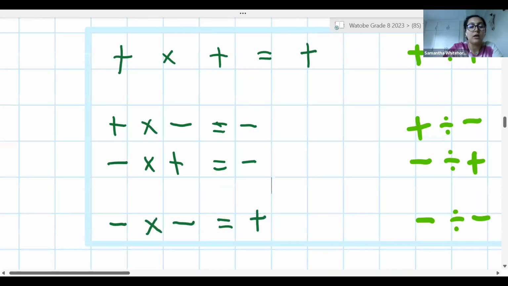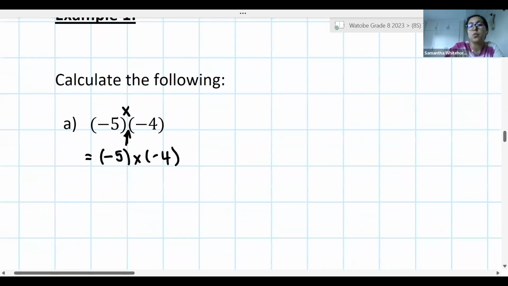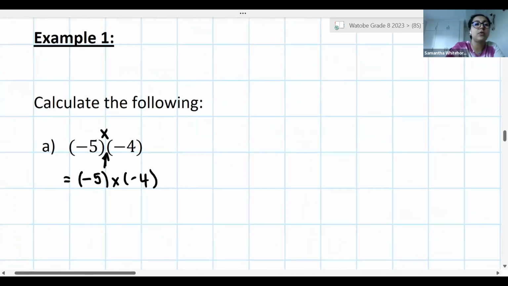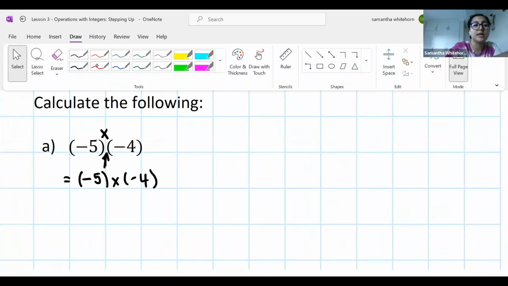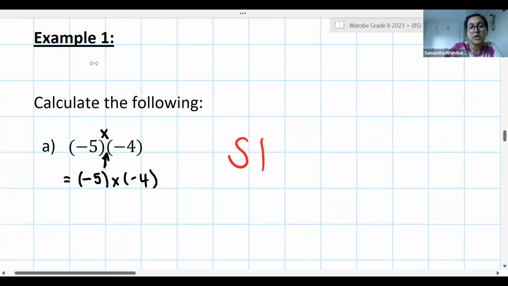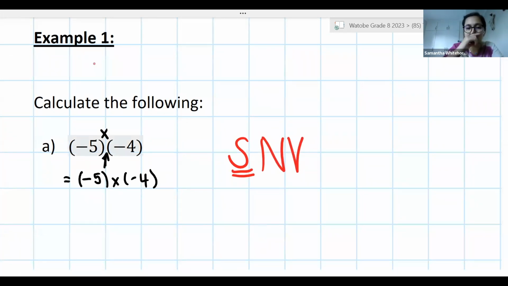So we now need to double check what our signs are going to be. This is where we can use SNV to help us out. We start by determining what sign my answer is going to be. I've got a negative times a negative, and from our rules, we know that our sign should be positive. Obviously, guys, you don't need to write the positive there.